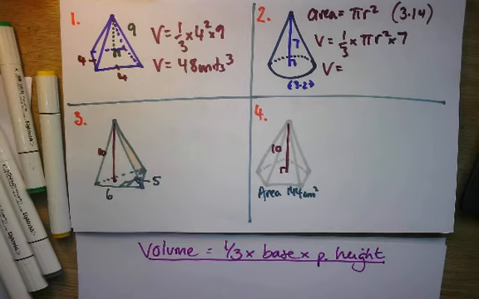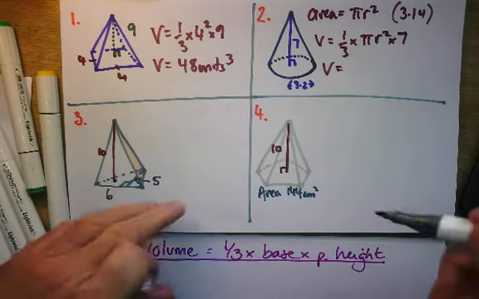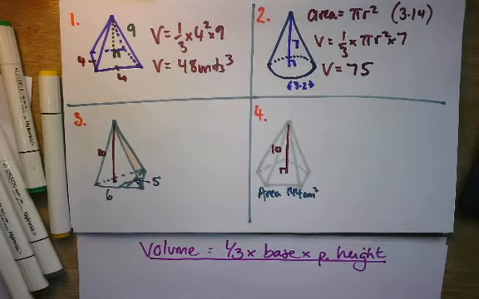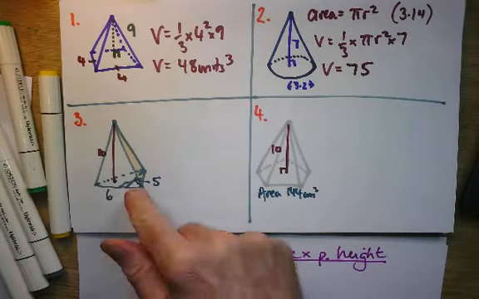So I'll do that on my calculator. If you did that on your calculator, you should come to an answer, if you just did it to a whole number, an integer, of 75. So I'll let you have a go at looking at how to do that.